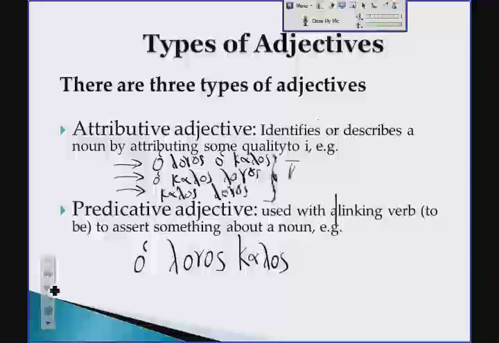Those are the good word. That's attributive. Now we come to the predicative.